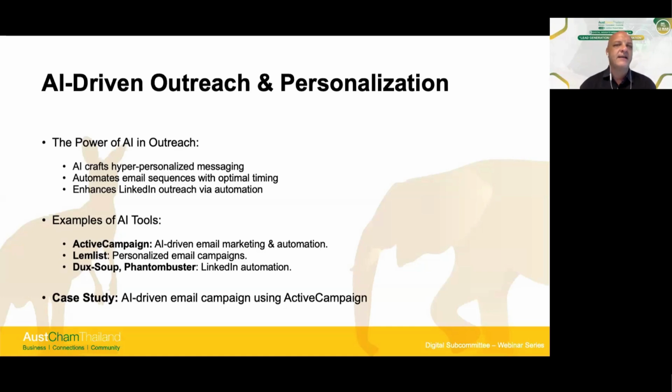So wind back, in the past, you would set up an email marketing campaign. You would have a trigger. If someone downloads this, we start sending this. I want it to be sent at 9 a.m. in their location. What AI can now do is you can set up those automations and you can ask AI to actually send the email when it thinks that person is more likely to open it.